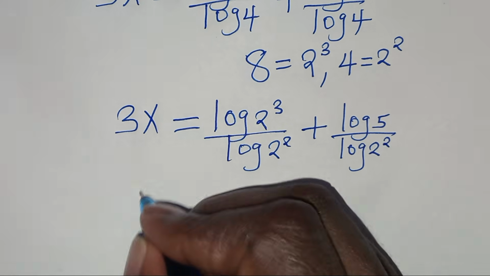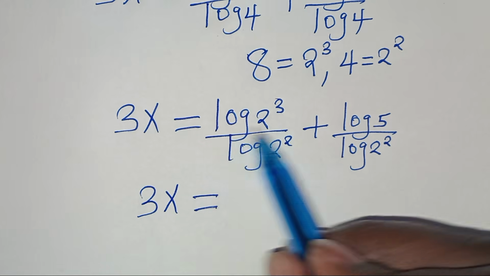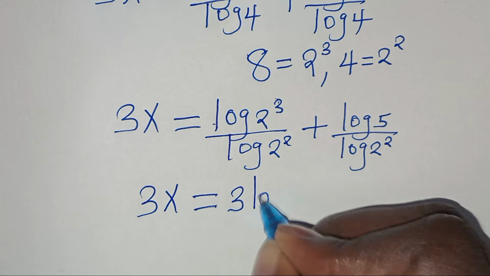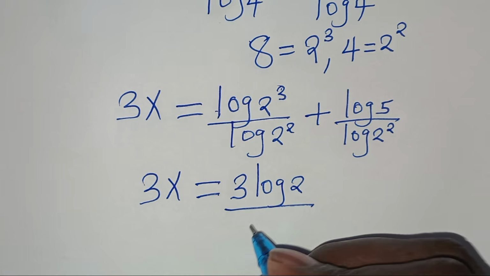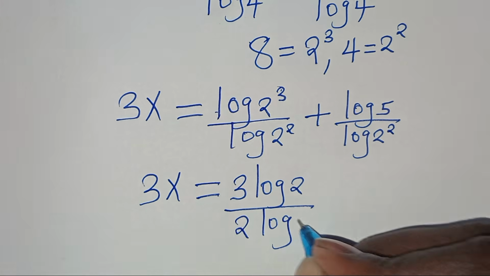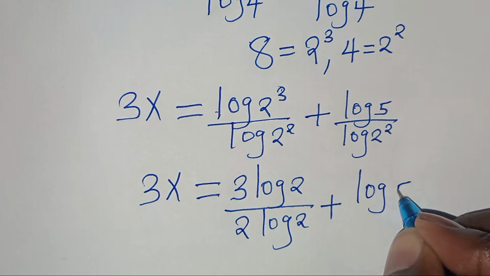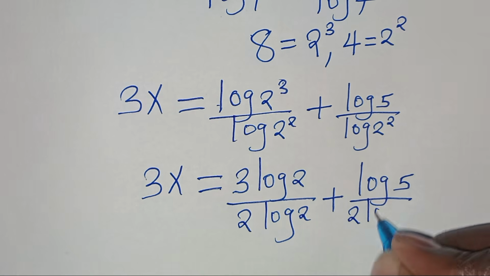Now the next step is that we have 3x equal to, let's apply the power log property here, so that log 2 to the power of 3 becomes 3 log 2 divided by log 2 to the power of 2, which becomes 2 log 2, then plus log 5 divided by log 2 to the power of 2, which is 2 log 2.